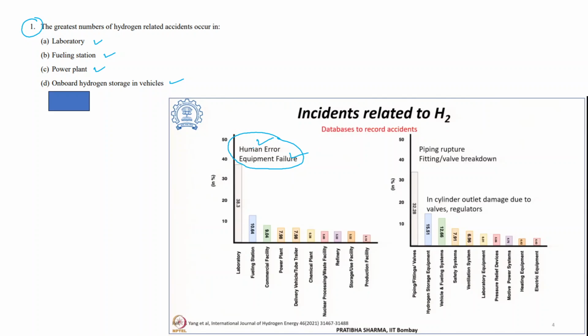So in the laboratory, equipment failure is the major concern for such incidents. The study says that the laboratory has the highest number of hydrogen-related incidents or deaths. And what happened during the fueling stations?